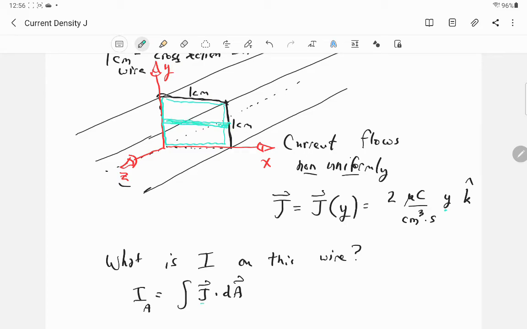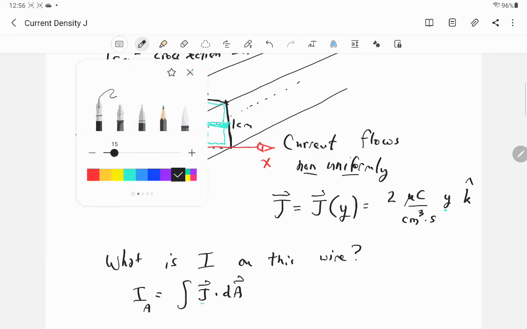So that's a strip of area, and the strip has a height of dy, but a width of 1 centimeter. Can you see that if I go from y equals 0 all the way up to y equals 1 centimeter with these strips, then I'm going to be able to do the integral? So let me do the integral that way.